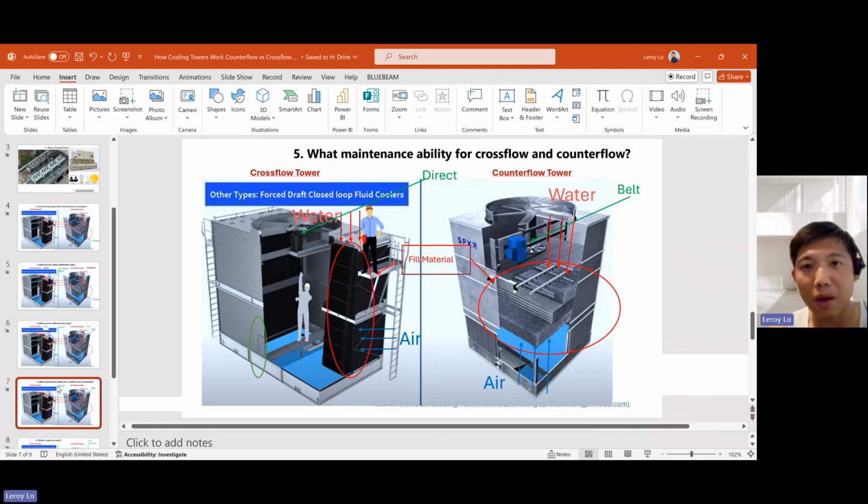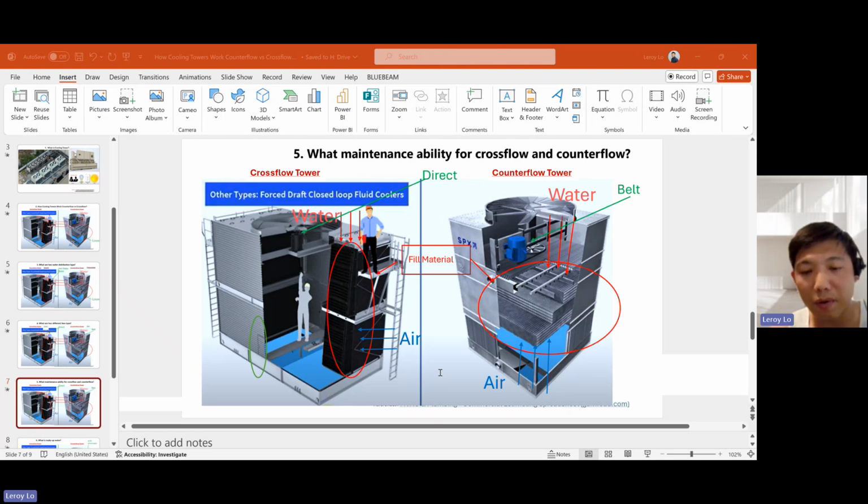So number five, what's the maintenance availability for crossflow and counterflow cooling towers? This is showing the maintainability for two different types of cooling tower, counterflow versus crossflow.